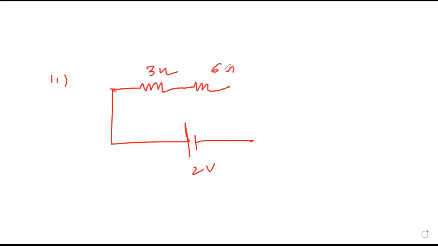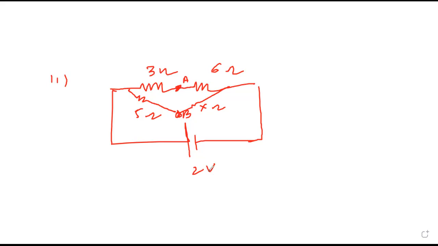Three ohm, 6 ohm, A, B, 5 ohm, X ohm. Find X if A and B are at same potential.